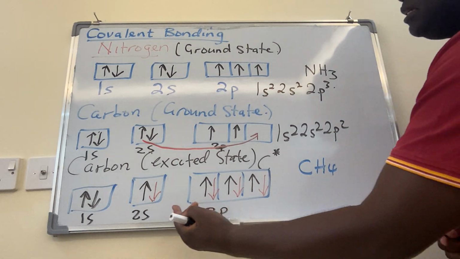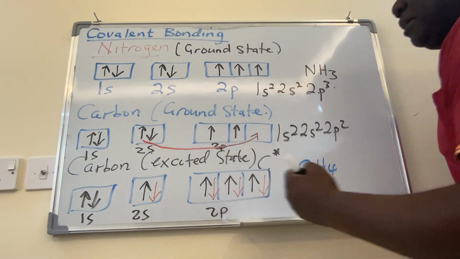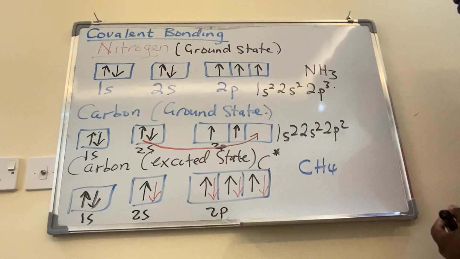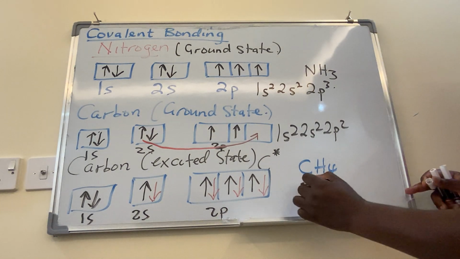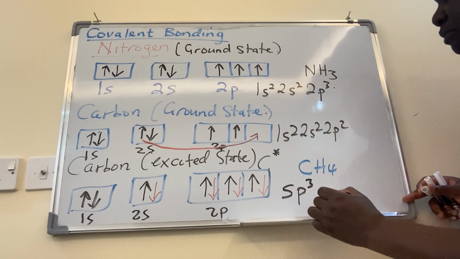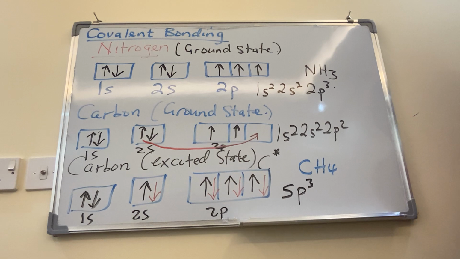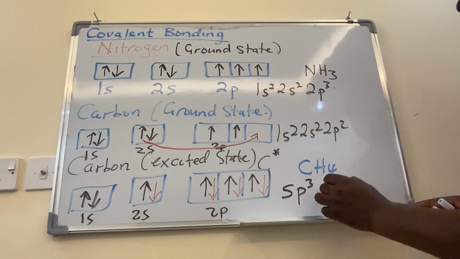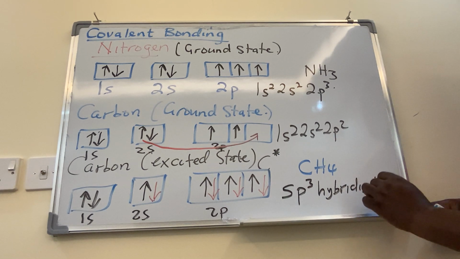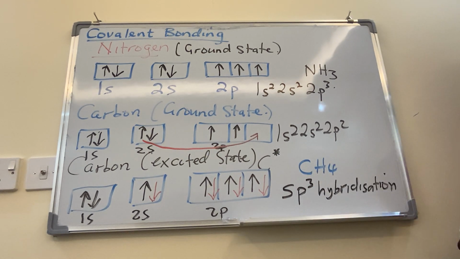We have used 1 s orbital and 3 p orbitals, so we have a hybrid of orbitals being used in the formation of methane. That case is called sp3 hybridization. Methane, ethane, all alkanes tend to follow this rule.